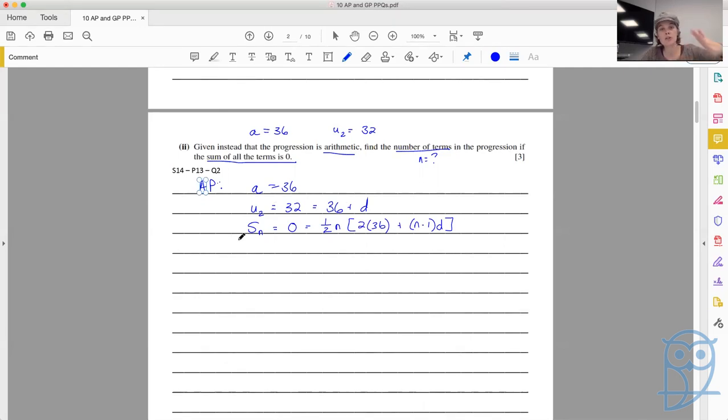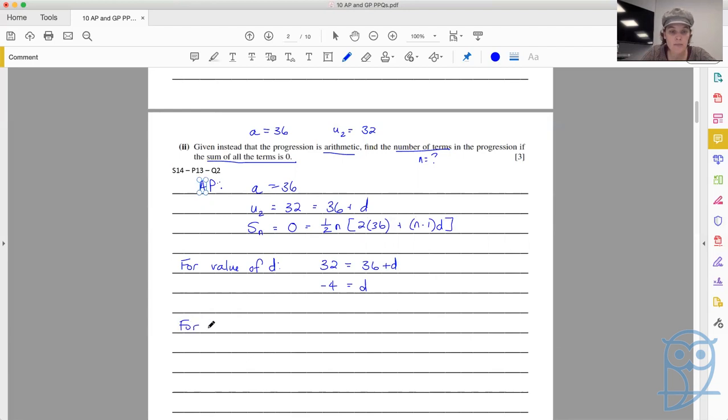So in this case, we're going to do a sequencing of equations. So our first one, for value of d: 32 equals 36 plus d. So d equals 32 minus 36, which is minus 4. Okay, now we know that d is going to be minus 4.